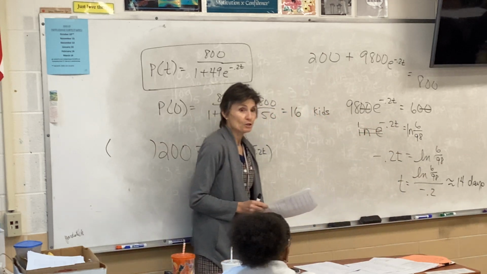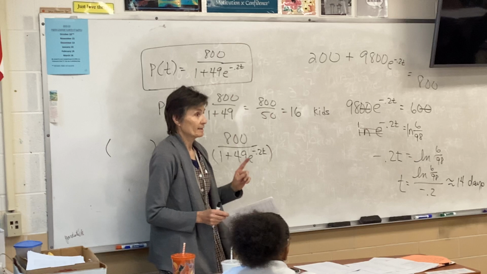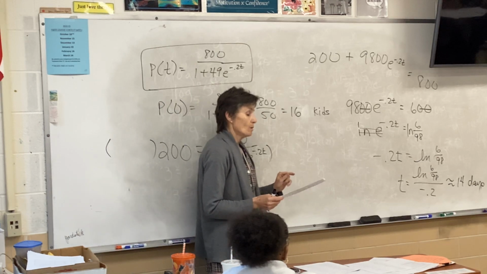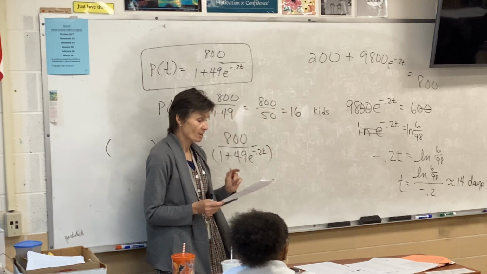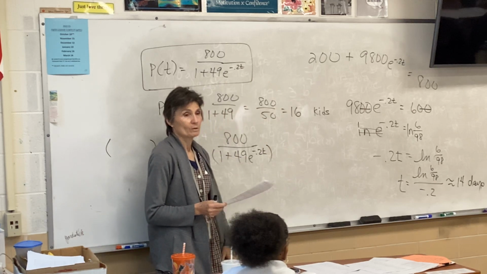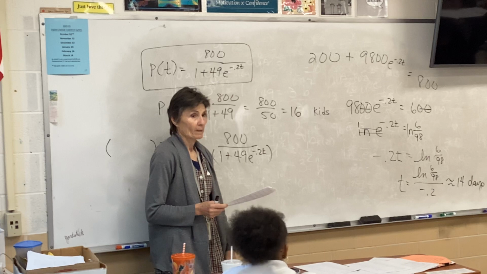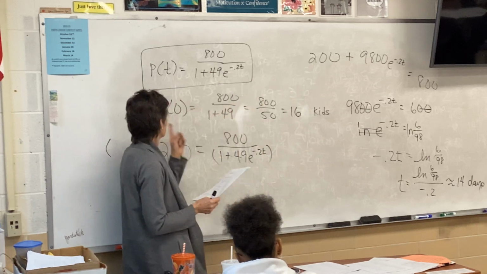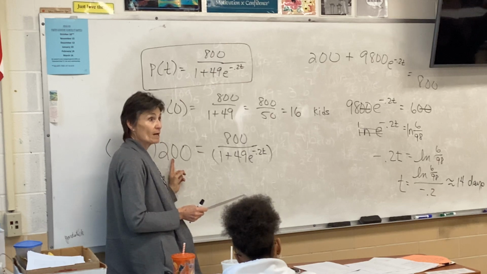Now, if you have an issue with that, we're going to do another one just like it. The school will close when 300 kids are infected. When will the school close? Well, don't I need to do exactly the same problem, except I want this now to be 300?